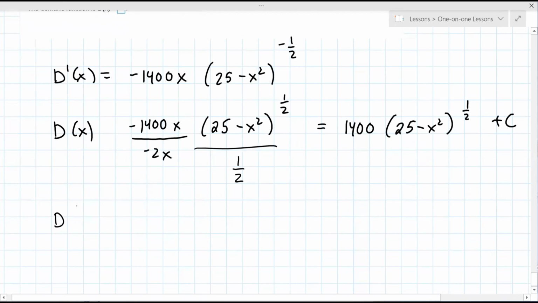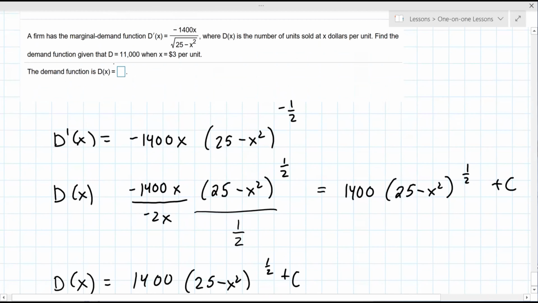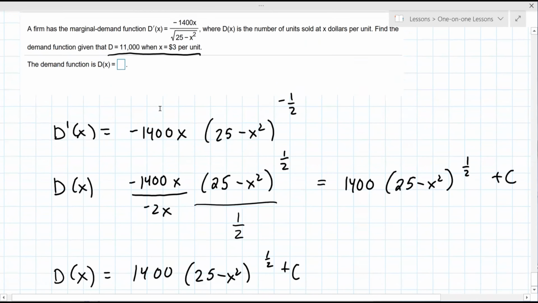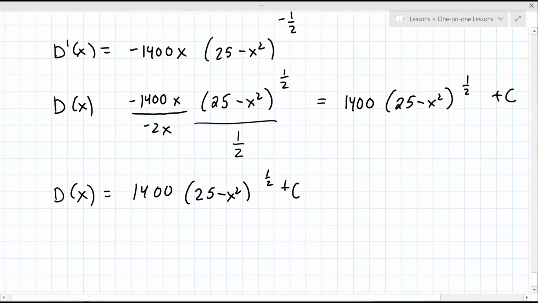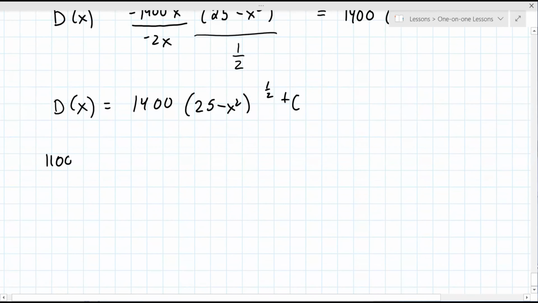We have to find the value of c based on the given information in the question. If you look up here, it says that d is 11,000 when x is 3. So you put 11,000 in for d of x and 3 for x.